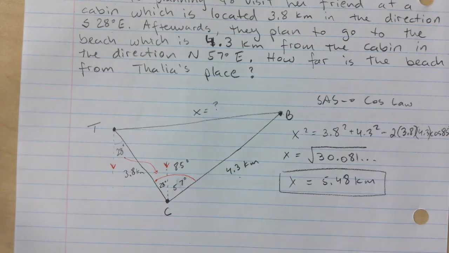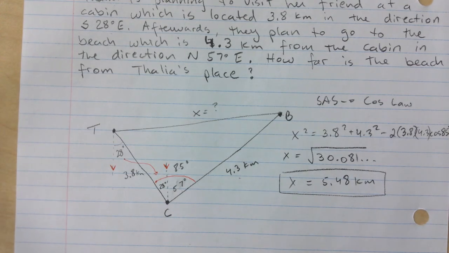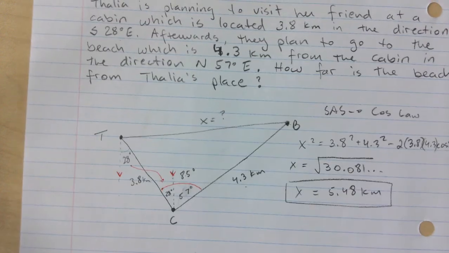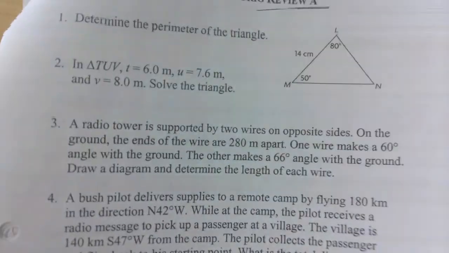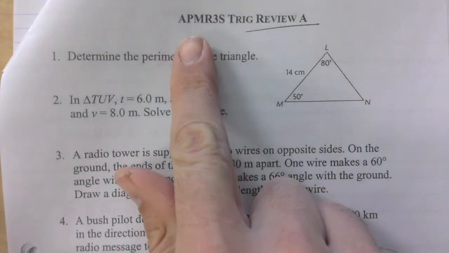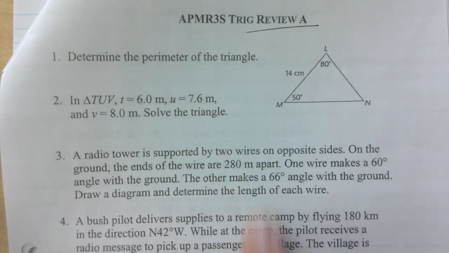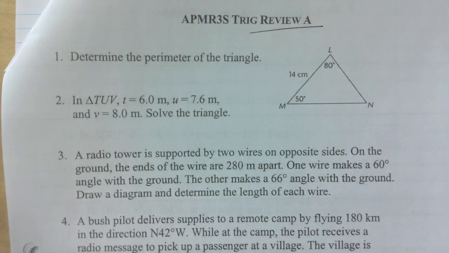So there's mixed reviews A, B, and C. The one I want you to work on today for the rest of today's class, and there may be some similarities, but they're different, okay? And so this is the one I want you to find, Trig Review A, and use the rest of today's class to work through that.